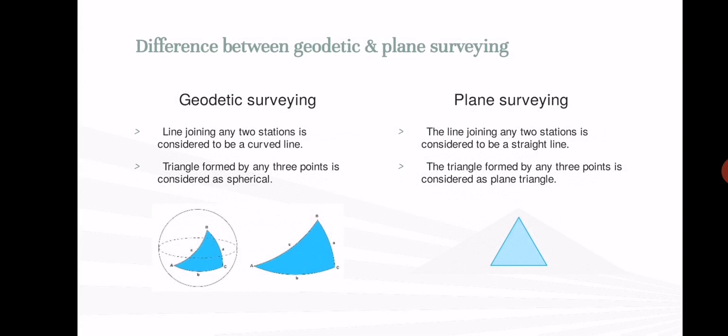But in plane surveying, the line joining any two stations is considered to be a straight line, as we are neglecting the curvature of the earth in this case.